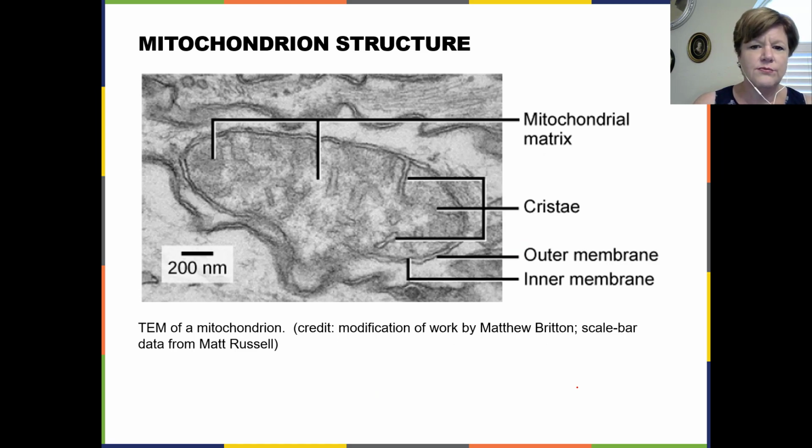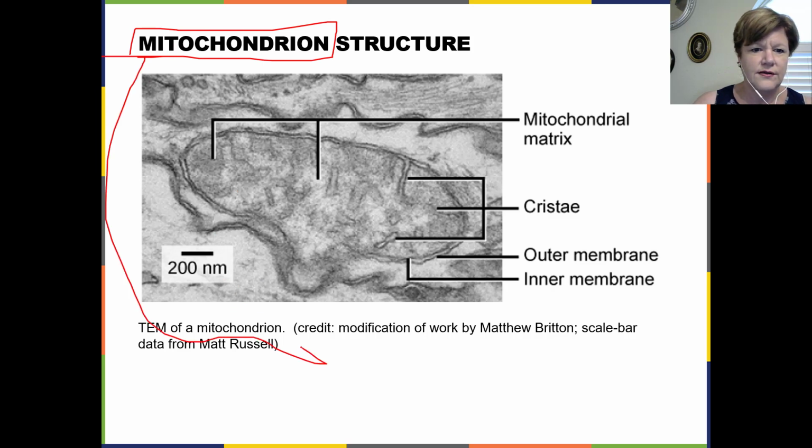All right, I told you I was going to briefly mention something about the mitochondrion. We're going to spend a lot of time talking about the mitochondrion, so for now, all you need to know is that it's a structure that has a double membrane, kind of like the nucleus. Double membrane is what I'm trying to write. Well, that's terrible.